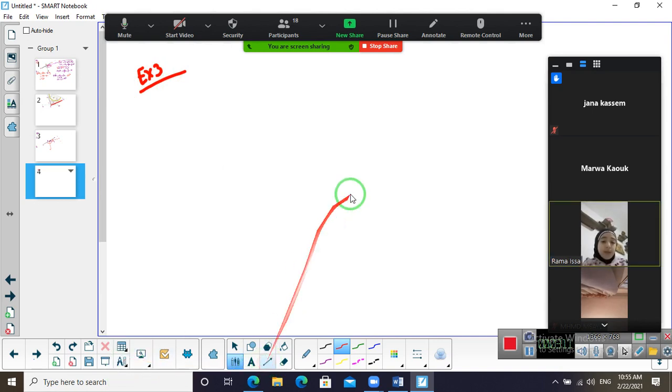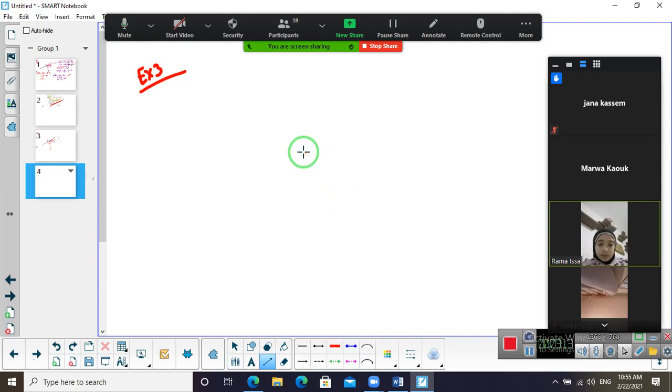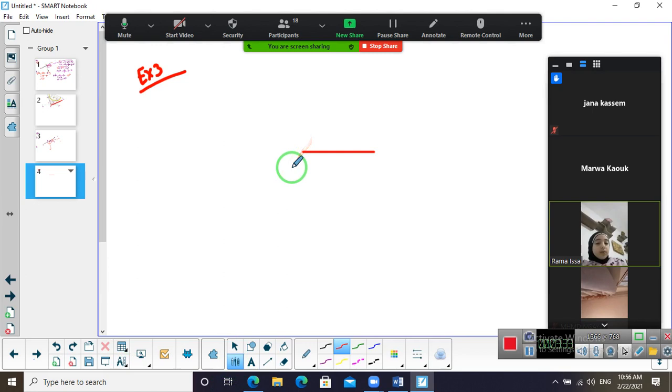Yes, 20 degrees. Draw two adjacent complementary angles XOY and YOZ such that XOY equals 20 degrees, and OY here.